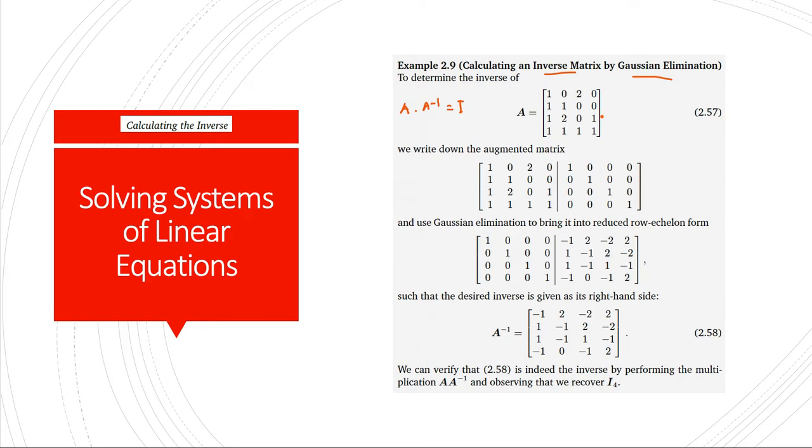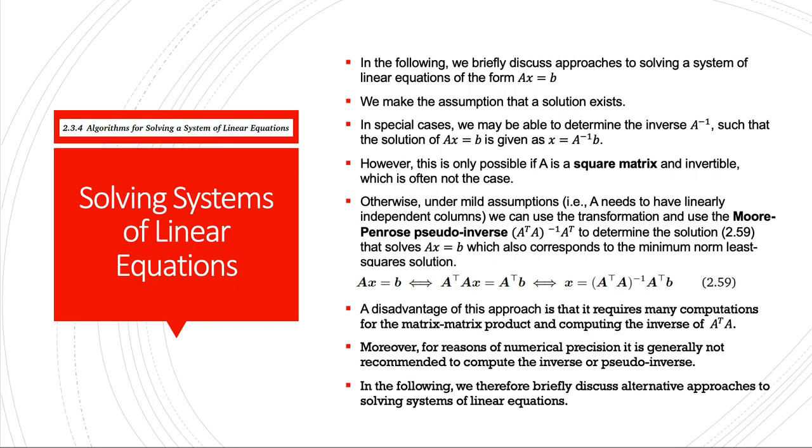So, by using the Gaussian elimination approach, the B side here is the identity matrix. You repeat the approach using Gaussian elimination, and then you can get the inverse matrix.